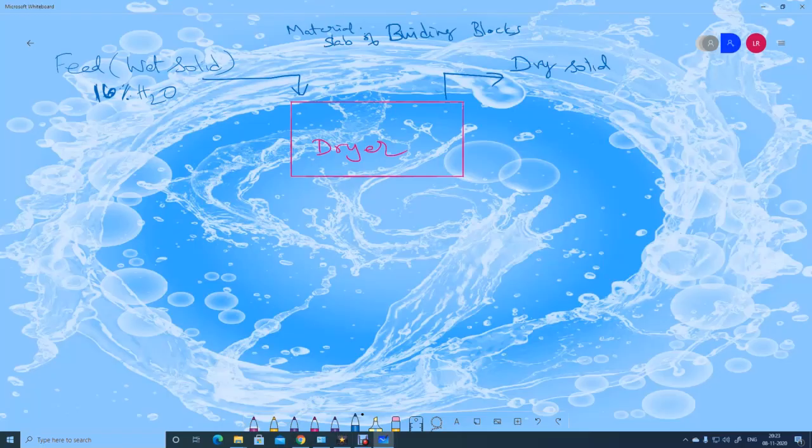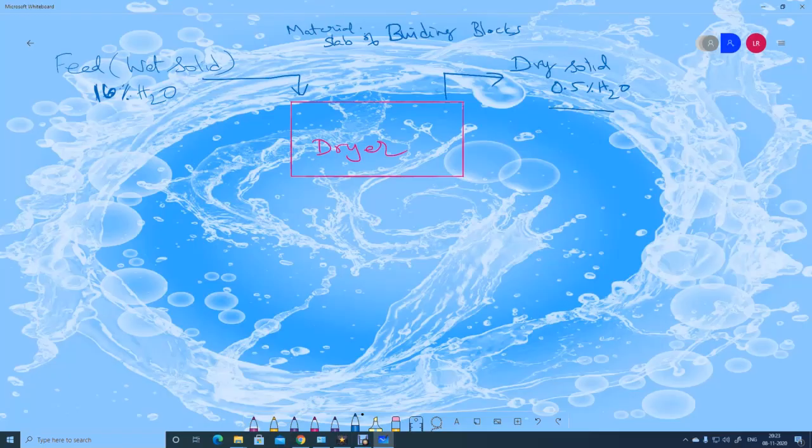When I say wet solid, it refers to the slab of building blocks. It is mentioned that dry solids contain 0.5% moisture. So the inlet feed contains 16% moisture, and the product contains 0.5% moisture. That's what happens to our inlet of the feed and product.